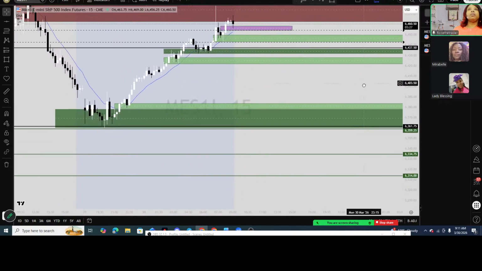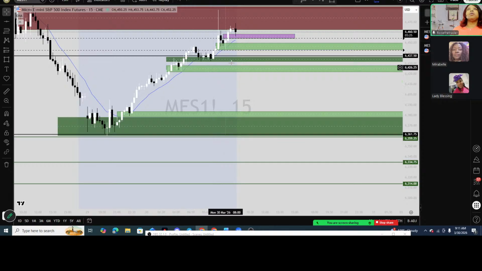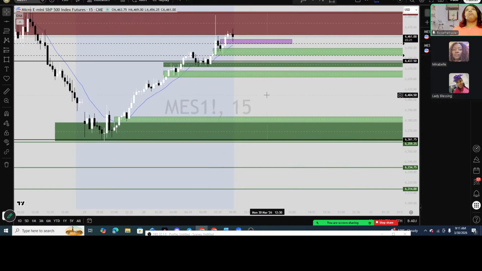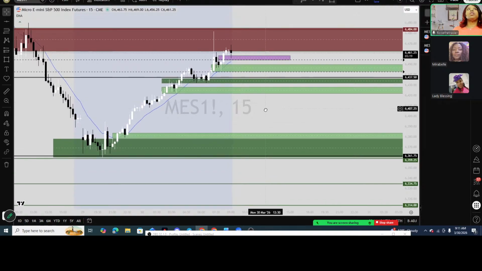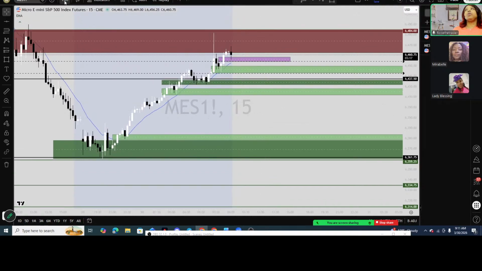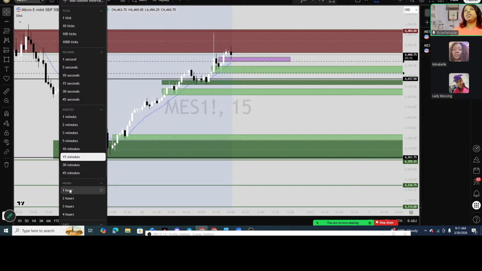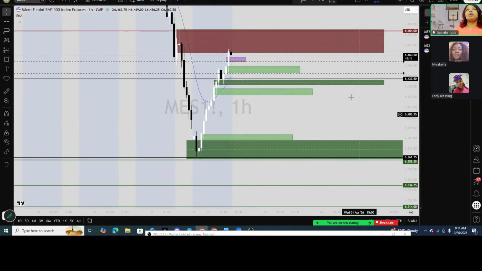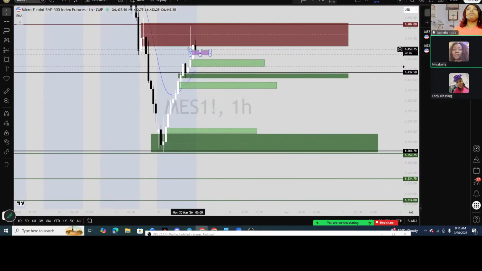So if you're looking at the 15 minutes, price is above the 13 EMA, which means you can say the bias, our trend, is up today. Or you can check the 13 EMA on the 1 hour. Even with that, the trend is still up, right? If price is below the 13 EMA, then you say the trend is down.